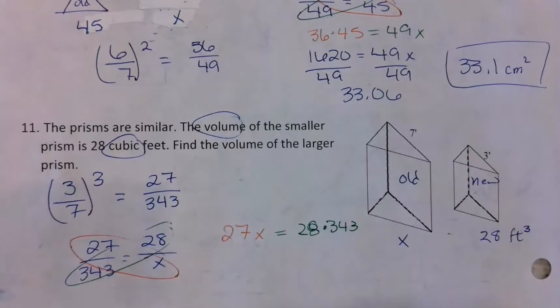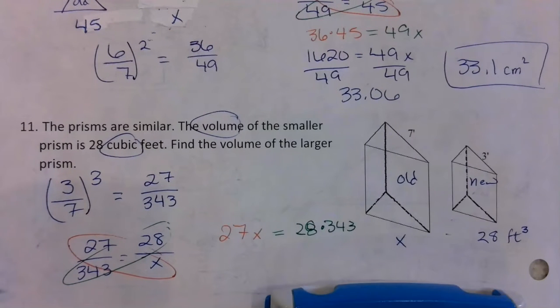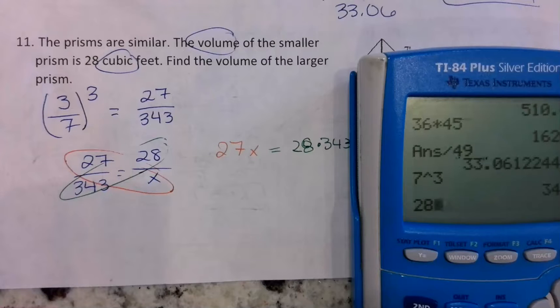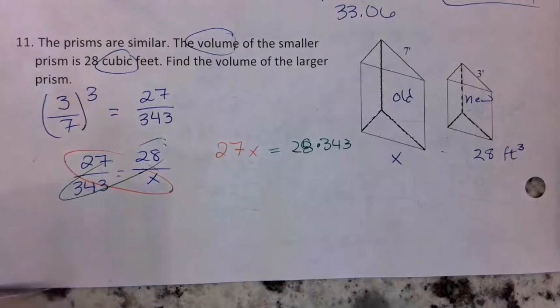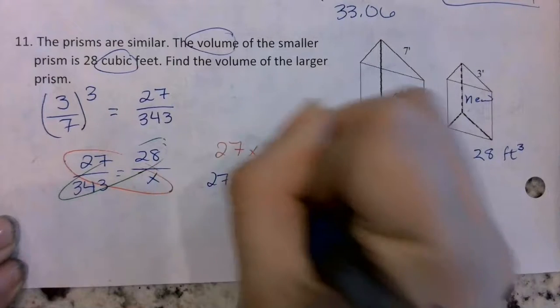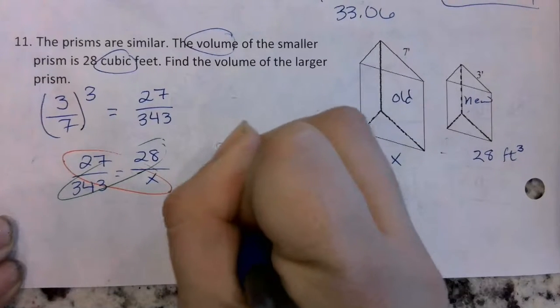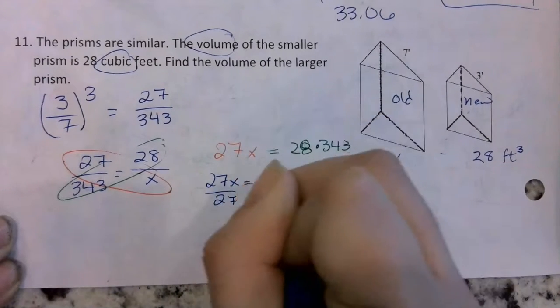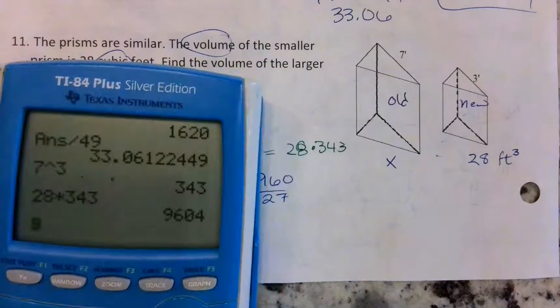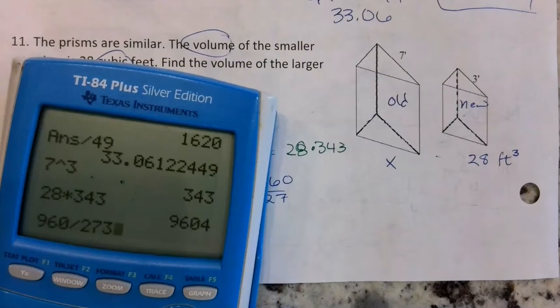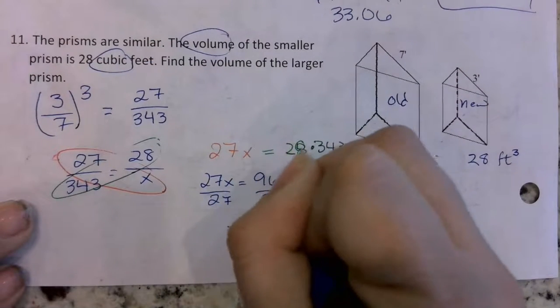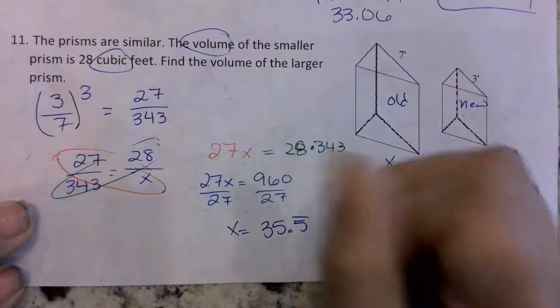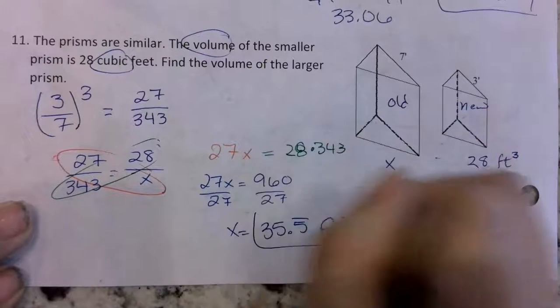That's not on the screen. 960. I divide both sides by 27, and I get x equals 35.5 repeating. And this is feet cubed.